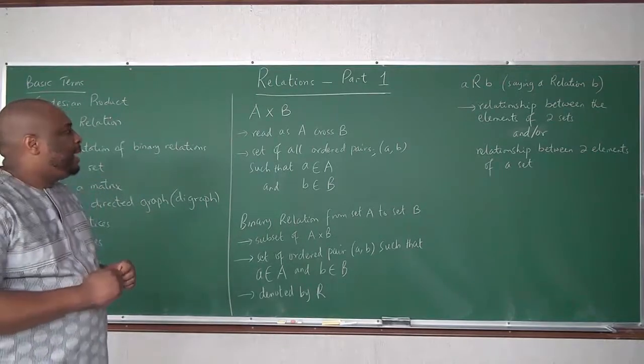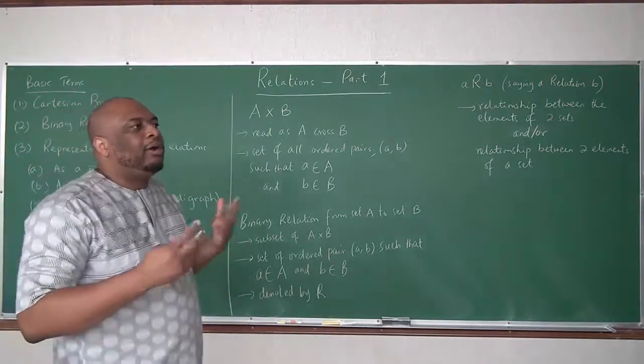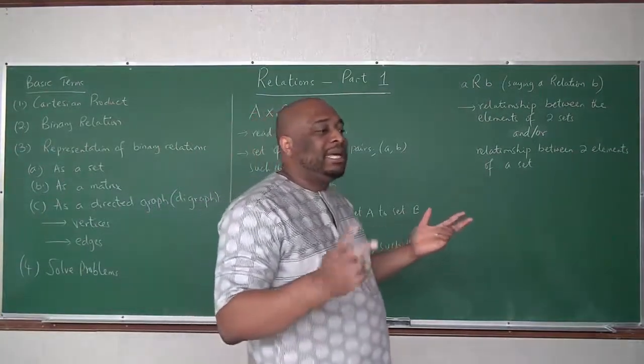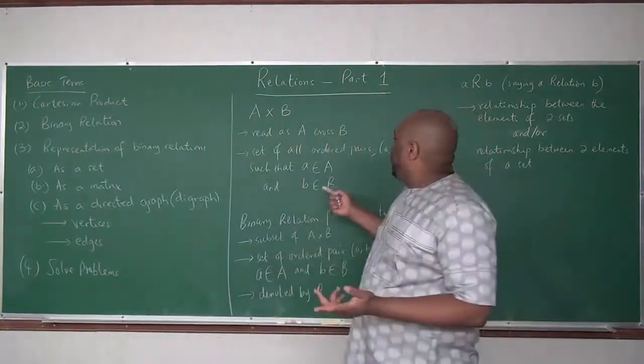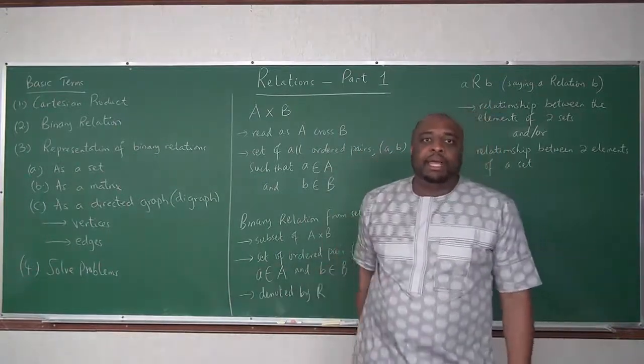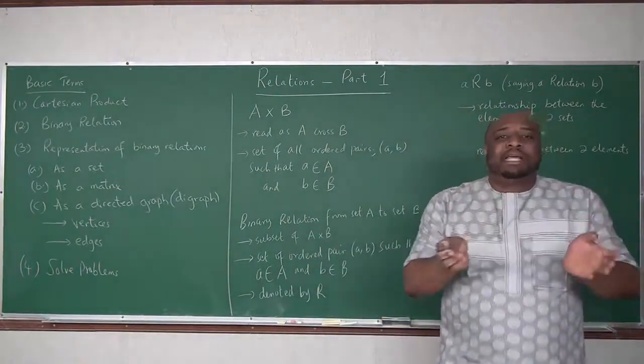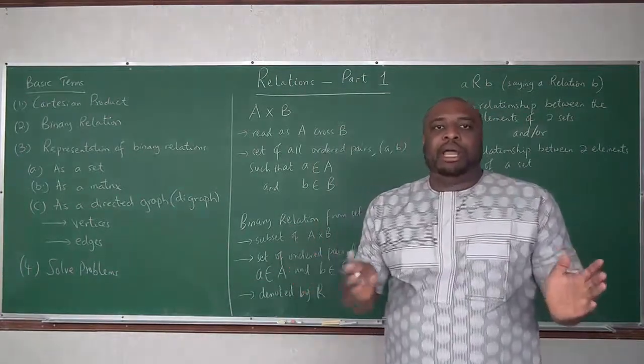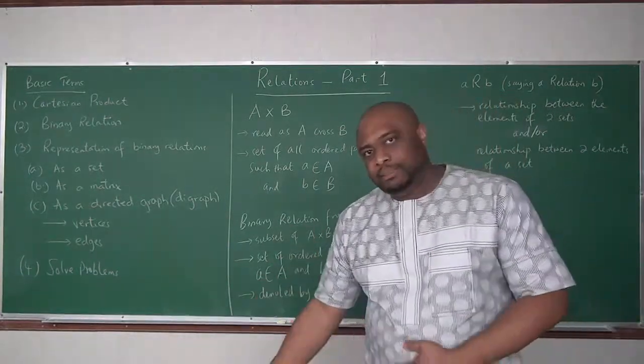If we are given two sets, then the elements must be there. Sometimes they give us the set and the relation, and then they ask us questions based on that.